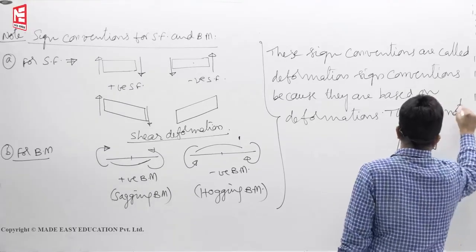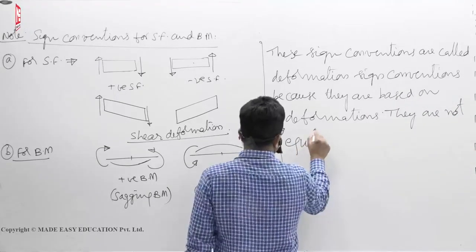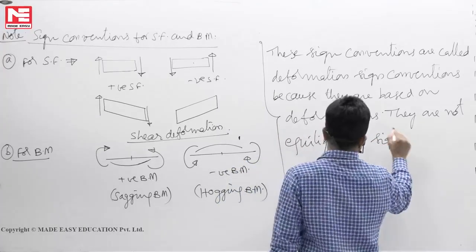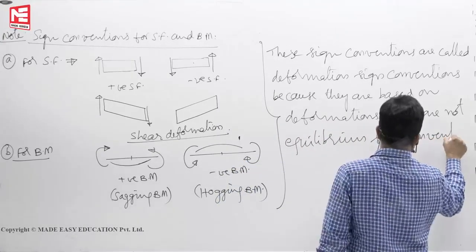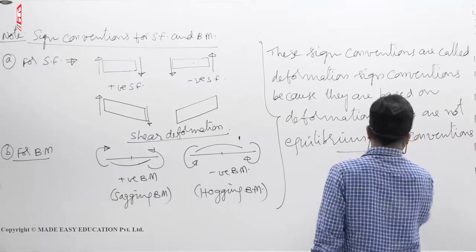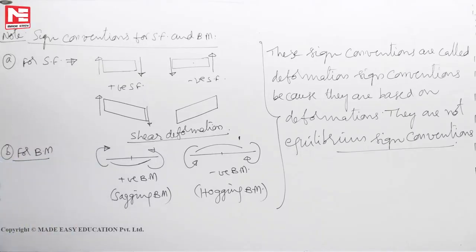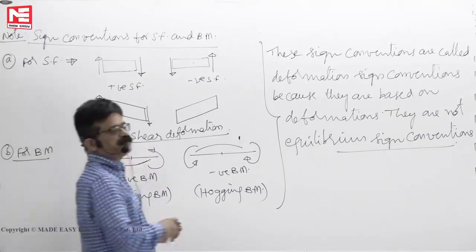They are not equilibrium sign conventions. There is a difference. Okay. So that's why moment and bending moment will be different.